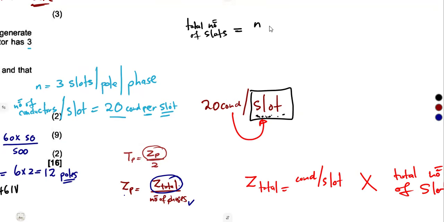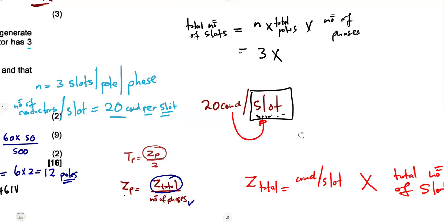We take our n as it is, 3 slots per pole per phase. We remove per pole by multiplying by the number of poles, the total poles. To remove per phase, multiply by the number of phases. So it is 3 times the total poles.